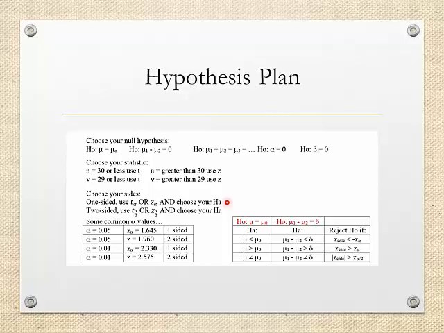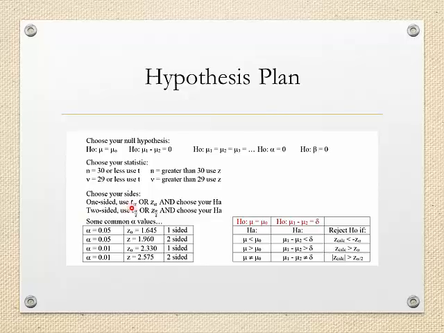Okay, so what do all these decisions get us? Choosing your null hypothesis is going to help you determine whether you're going to be using this column for your alternatives or this column for your alternatives. The Z or the T is really going to make a difference once we get to pulling out what the Z critical value or the T critical value is, and also pulling out what equation to use for T calc.